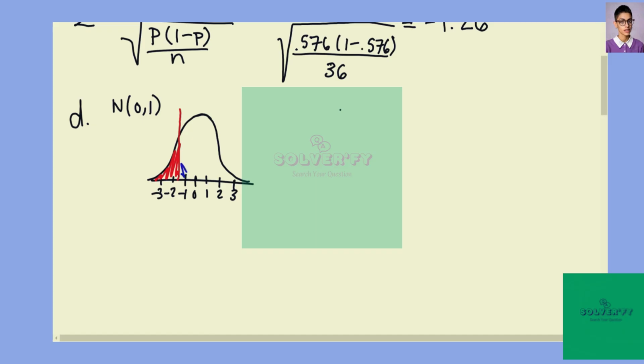And then I'm going to shade in our non-critical region. And then I'm going to write in our test value in green. So that's negative 1.26. So that would be about here.